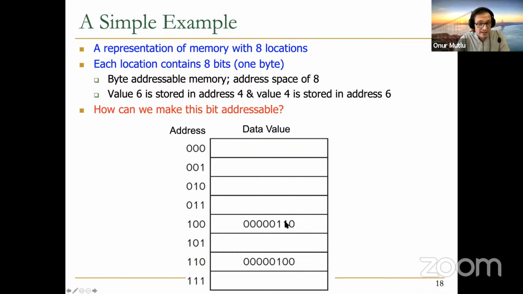For example, let's assume that this is 8 bits, right? Well, it's clear this is 8 bits. And the programmer wants bit 1. So bit 0 is this one, bit 1 is this one, bit 2 is this one, ... bit 7 is this one. The programmer wants the bit at address 100,001. So 100, in terms of byte, contains all of these.